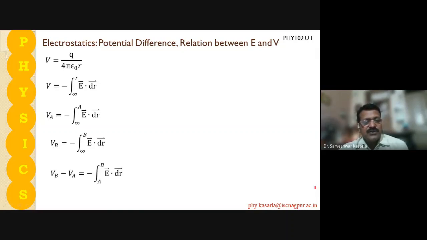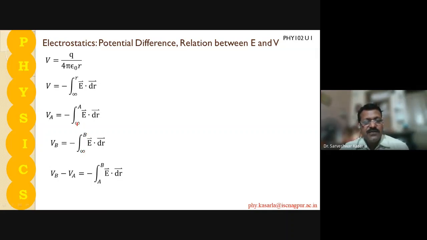So VB minus VA is nothing but the work done in bringing a unit positive charge from B to A. Here you must observe the limits of integration.